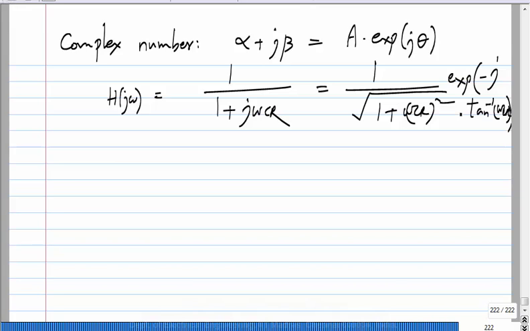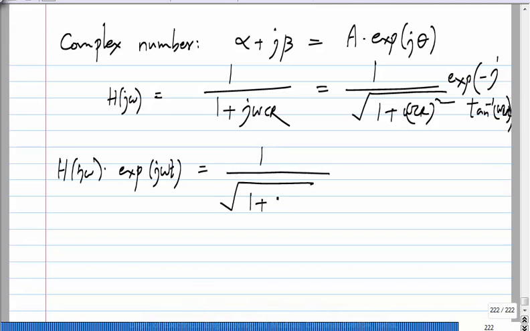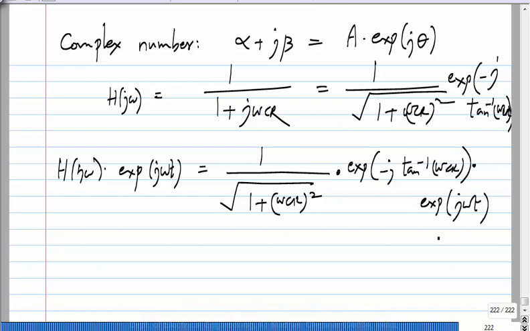So this is the easiest way, right? Because h of j omega times exponential j omega t will be the magnitude 1 by the square root of 1 plus omega CR squared, times exponential minus j tan inverse omega CR, times exponential j omega t.